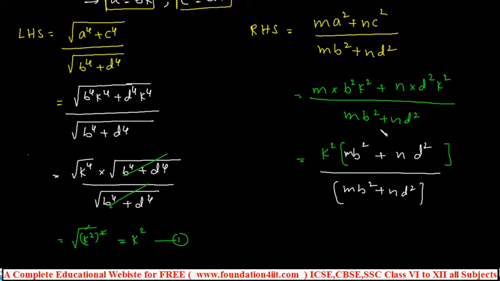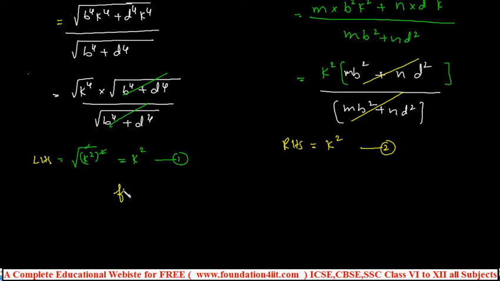Can cancel these both. Then we got k square, equation 2. You can see here LHS and RHS we got the same from equation 1 and 2. So from 1 and 2, LHS is equal to RHS. That is what was given. So hence proved.